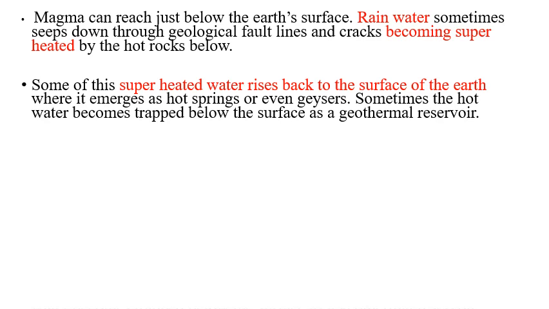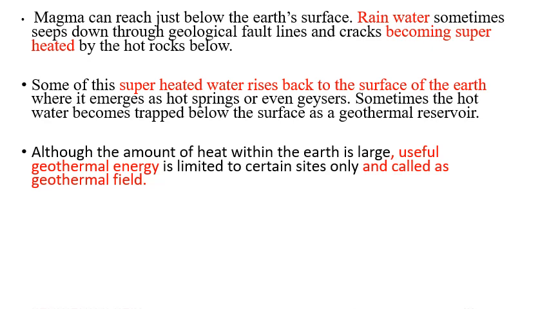So superheated steam is essential to drive the turbine. It emerges as a hot spring or even geysers, and sometimes the hot water becomes trapped below the surface as a geothermal reservoir.